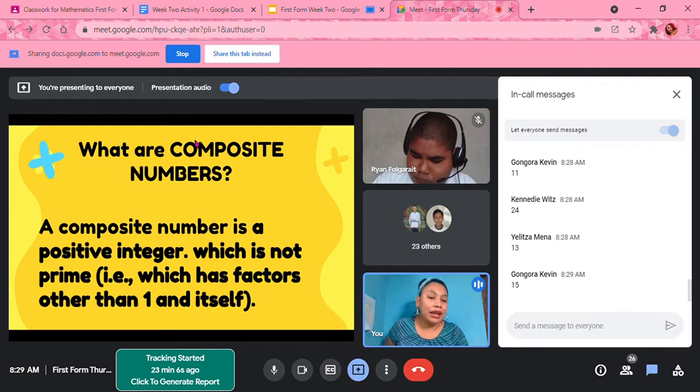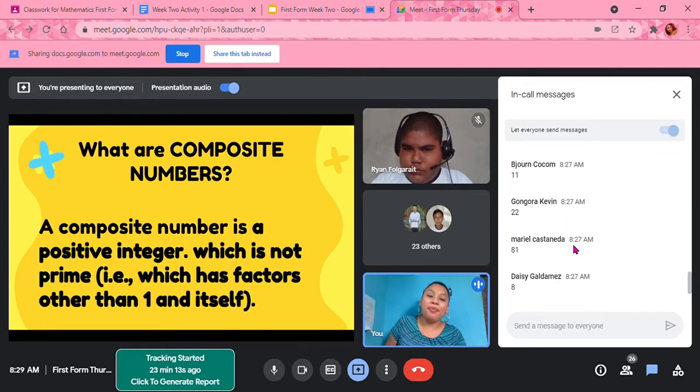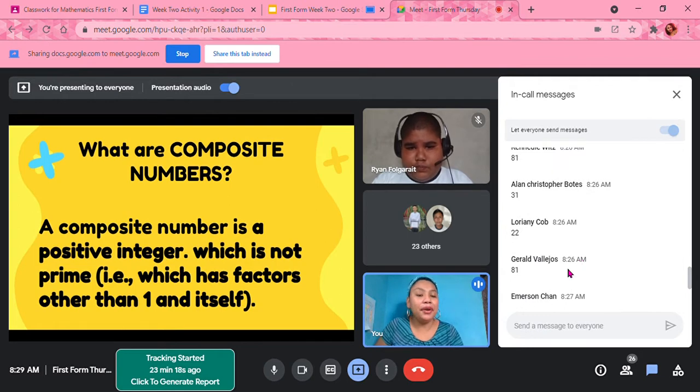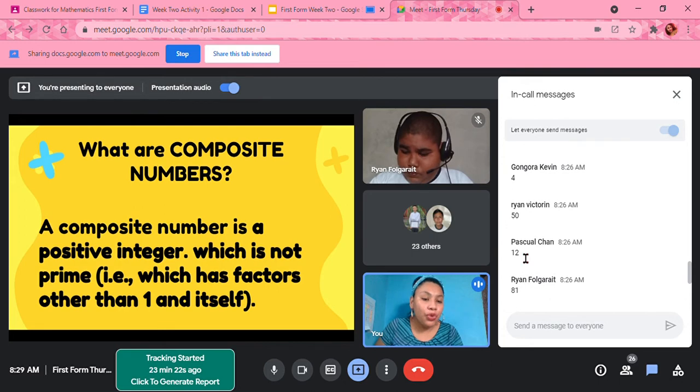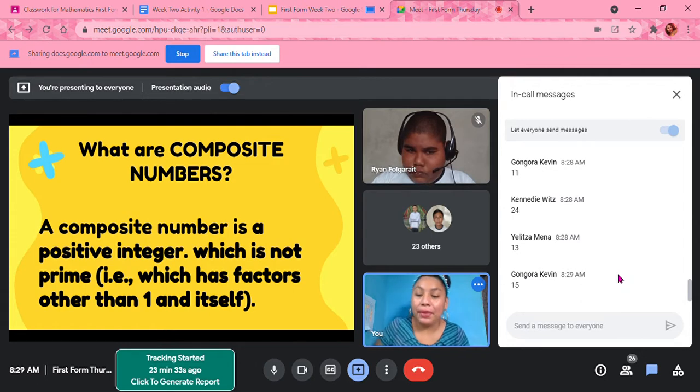So for example, 24 would be a composite number. 8 would be a composite number. 22 would be a composite number. 81 would be a composite number. 12, 50, 22, 4. All of you that put those answers in the chat, those are what we call composite numbers because I can divide that number by a lot of other numbers.